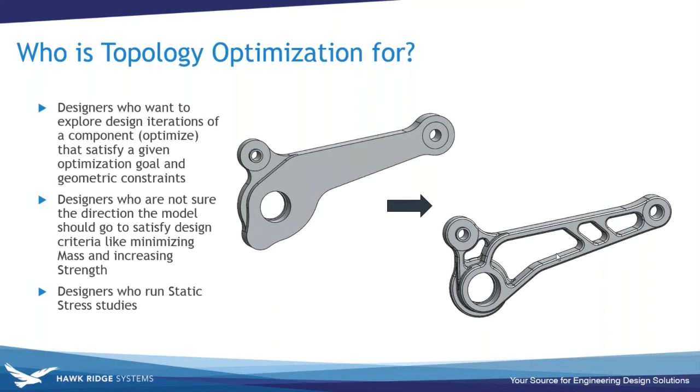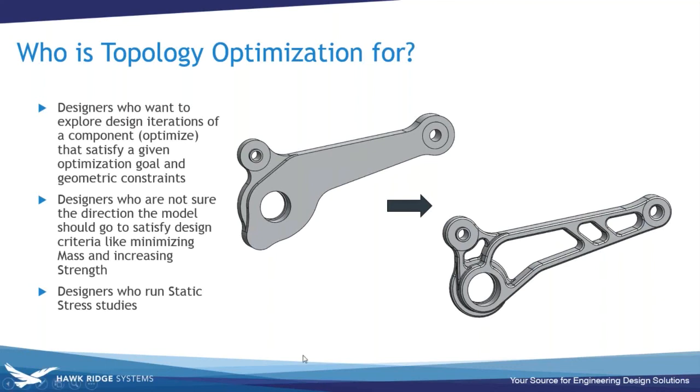It's now answering that question and then taking it further and saying, well, how can I make this better? How can I reduce the amount of mass yet still meeting a certain design criteria that I may have, right? So that's who the topology optimization is intended for. So essentially, any designer who wants to optimize some kind of current design that they may have, right?